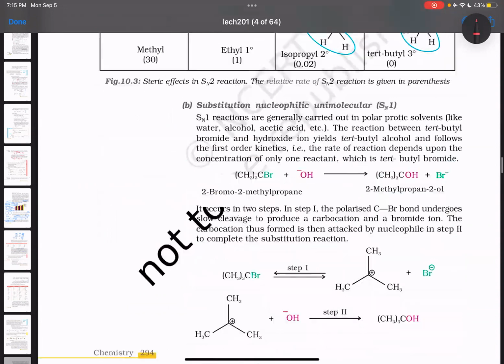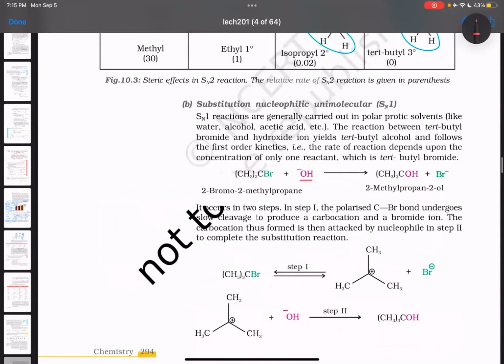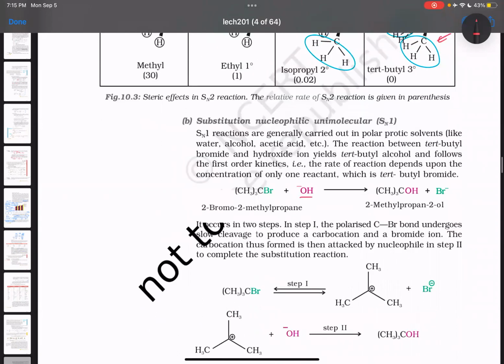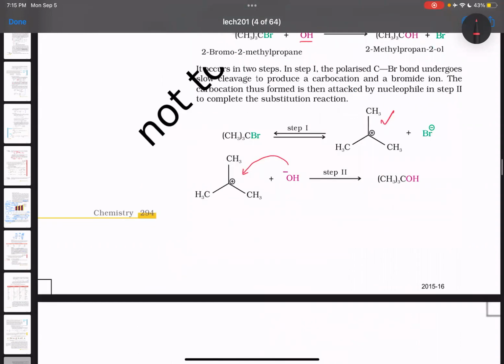There is the SN1 reaction also, which occurs in a different way, on tertiary, because tertiary can't take place through SN2. So the Br slowly comes out, leaving behind the carbocation, and then the nucleophile goes and joins itself.